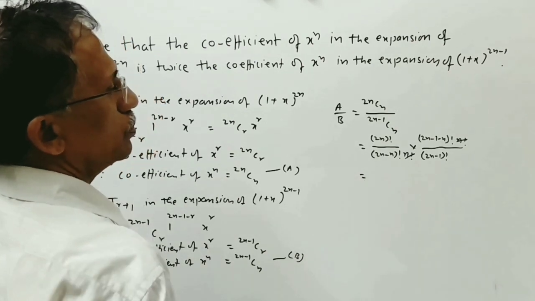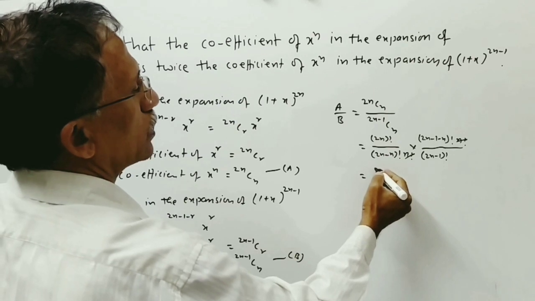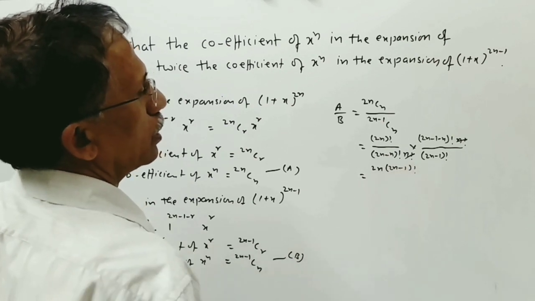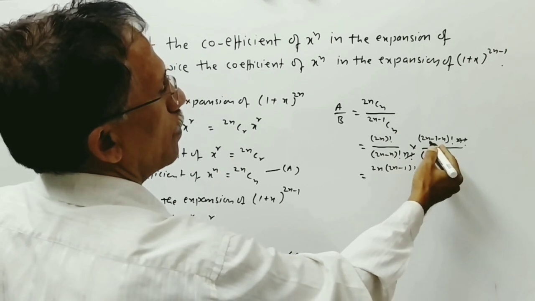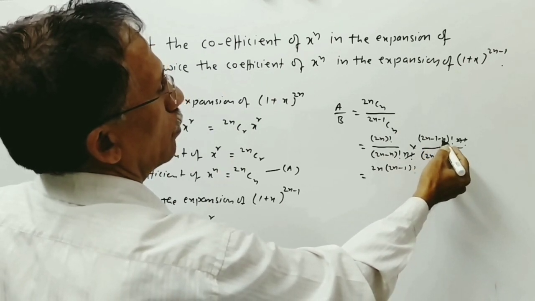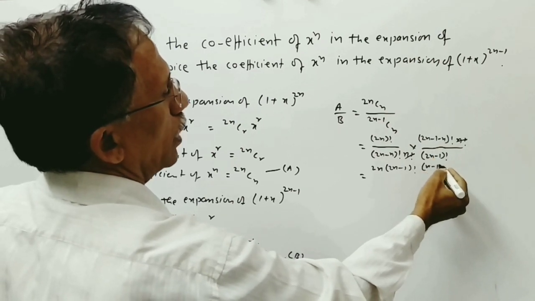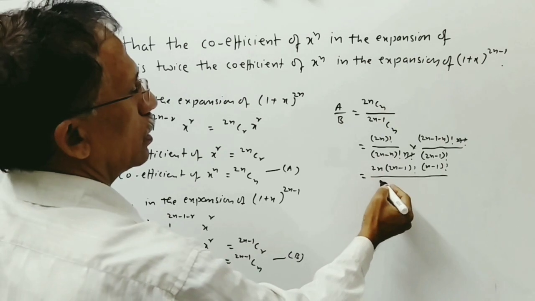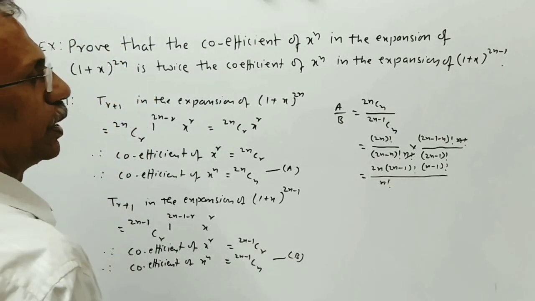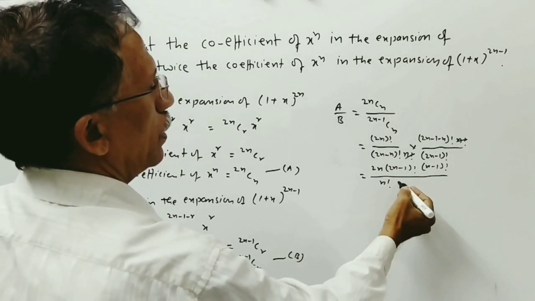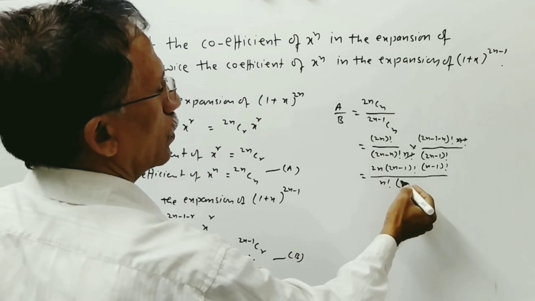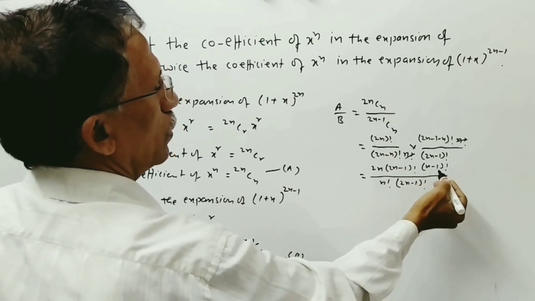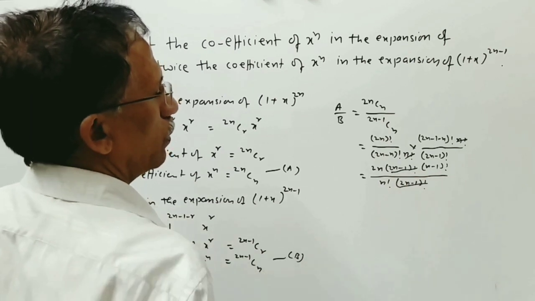This is equal to 2n factorial, which can be written as 2n into (2n minus 1) factorial, here (2n minus n), that is n, minus 1 factorial, divided by (2n minus n), that is factorial n, into (2n minus 1) factorial. 2n minus 1 factorial, 2n minus 1 factorial we can cancel.